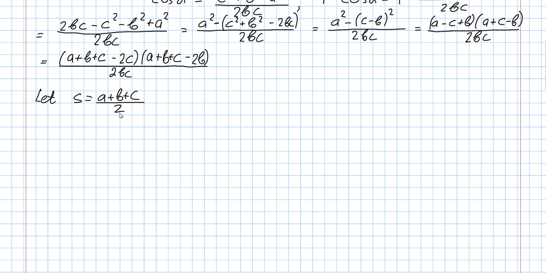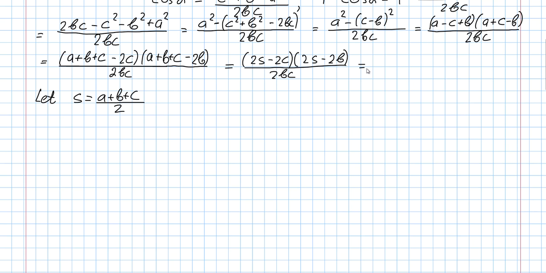It's one half of the perimeter of the triangle. Then what I can write here is (2S minus 2c) times (2S minus 2b), and everything divided by 2bc.